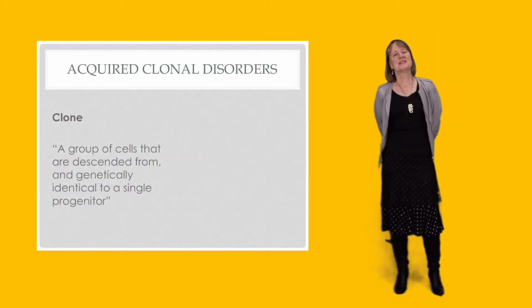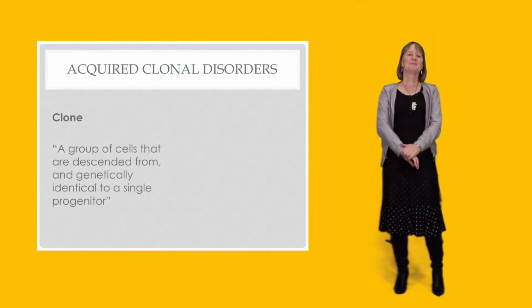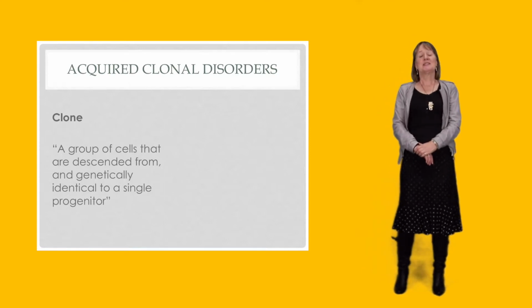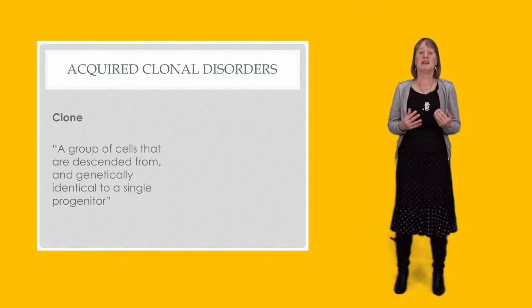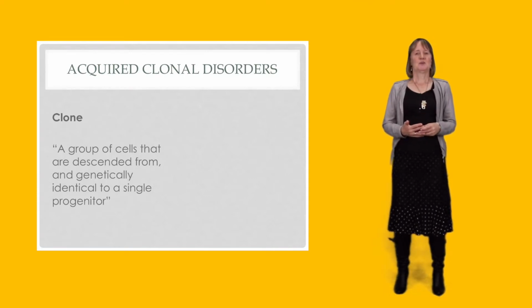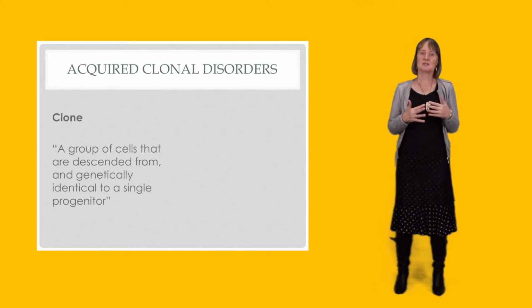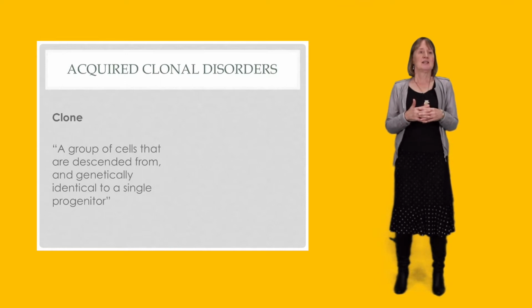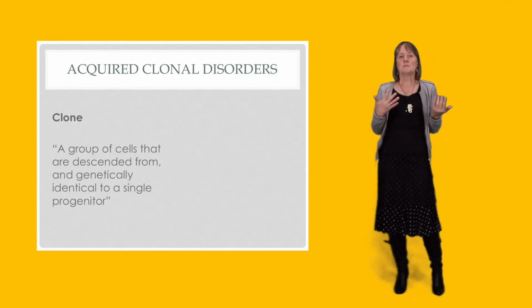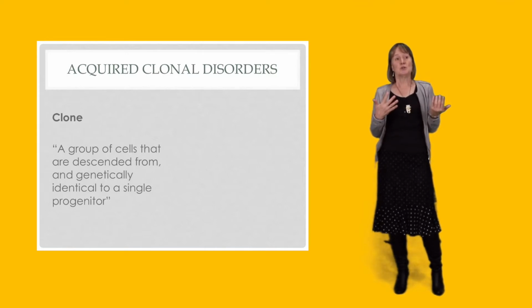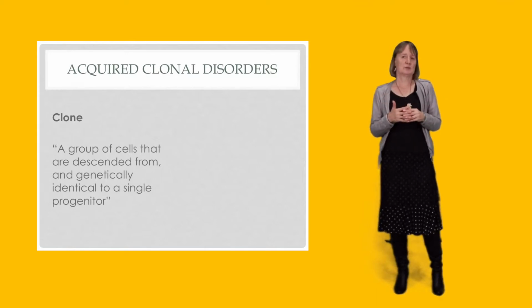The second concept I'd like to talk to you about is clonality, because the hematological malignancies are all acquired and clonal disorders. So you probably know what a clone is, but just to make things clear and to remind everybody that might have forgotten, a clone is a group of cells that is descended from and genetically identical to a single progenitor.